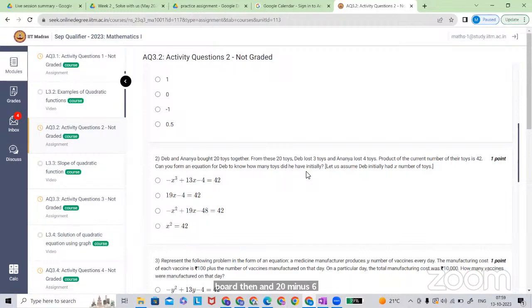Now from these 20 toys, they lost 3 toys. So Dev has X minus 3 now, and Ananya lost 4, so she has 20 minus X minus 4, which is 16 minus X. Now the current product is given. You need to multiply X minus 3 and 16 minus X, which is given as 42.